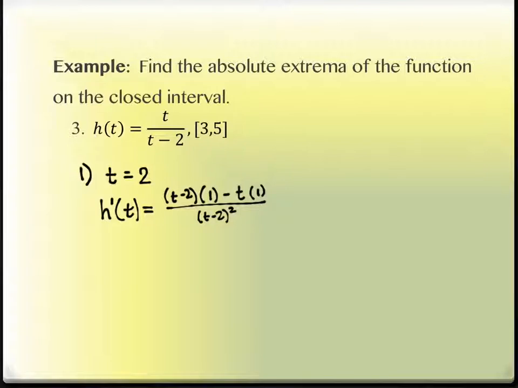So you can see I'm still not going to be able to plug t equal to 2 into this function, right? I'm still going to keep getting asymptotes here as I continue. If I simplify, I have t minus 2 minus t over t minus 2 squared. And you'll notice the t's in the numerator cancel out. So I have negative 2 on top and t minus 2 squared on bottom.